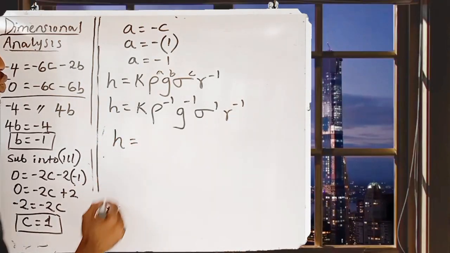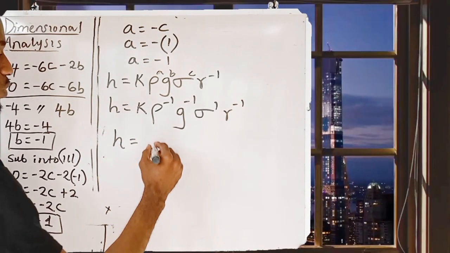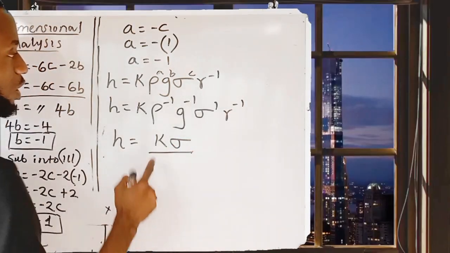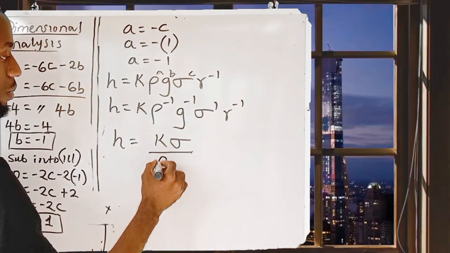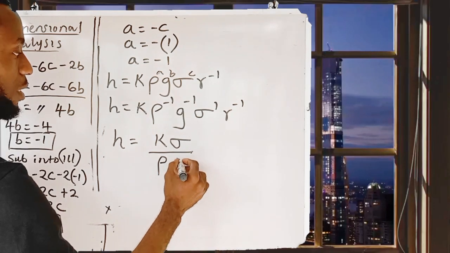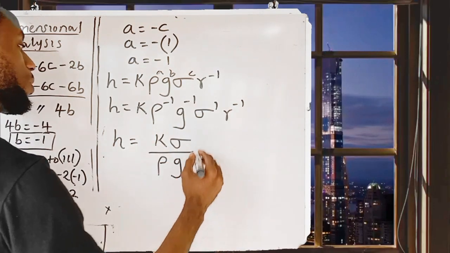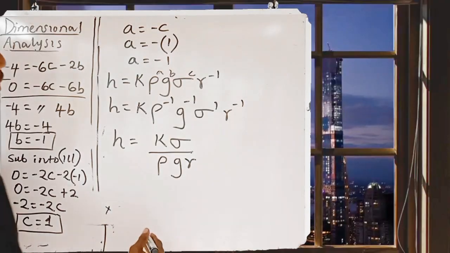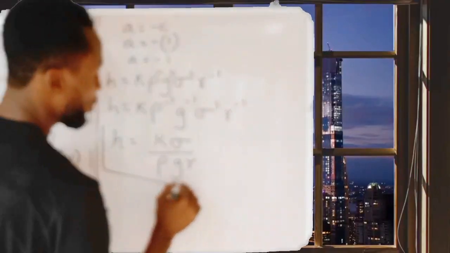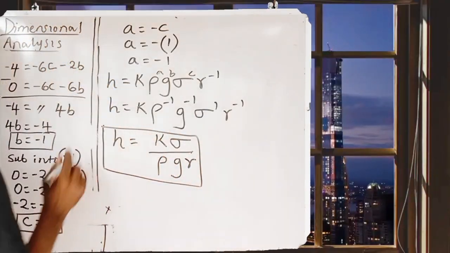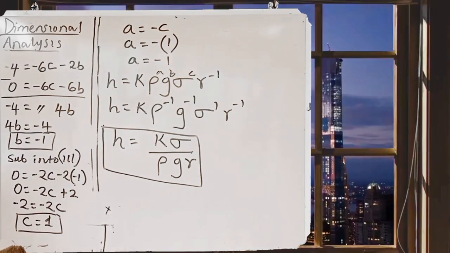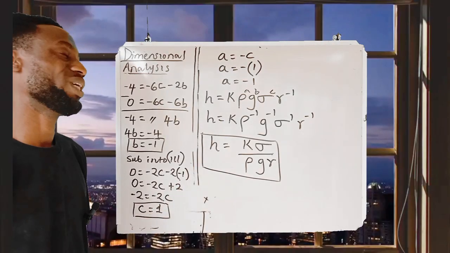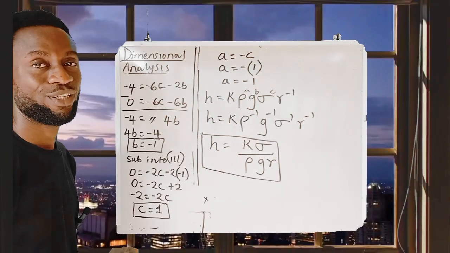So our h is truly, we'll leave the positive ones above, so we have k and the surface tension, while at the denominator we have density, gravity, and radius. So this now becomes the relationship of the density, surface tension, gravity, and radius with respect to the height it rises in the tube.